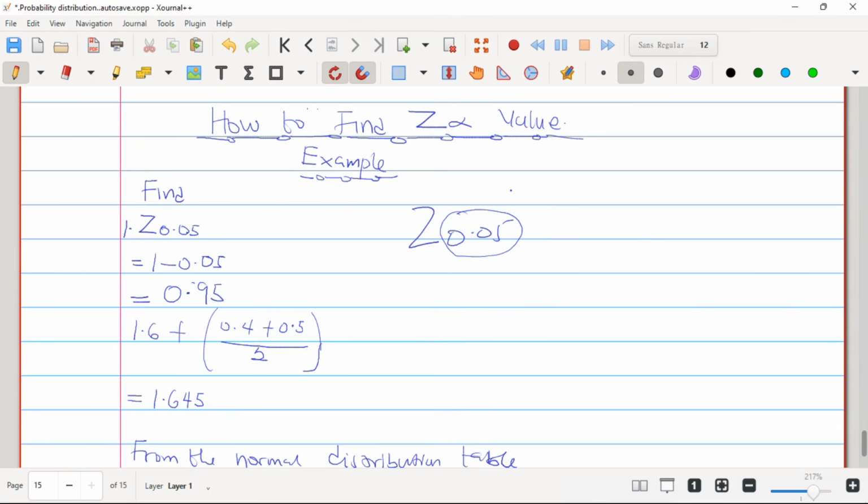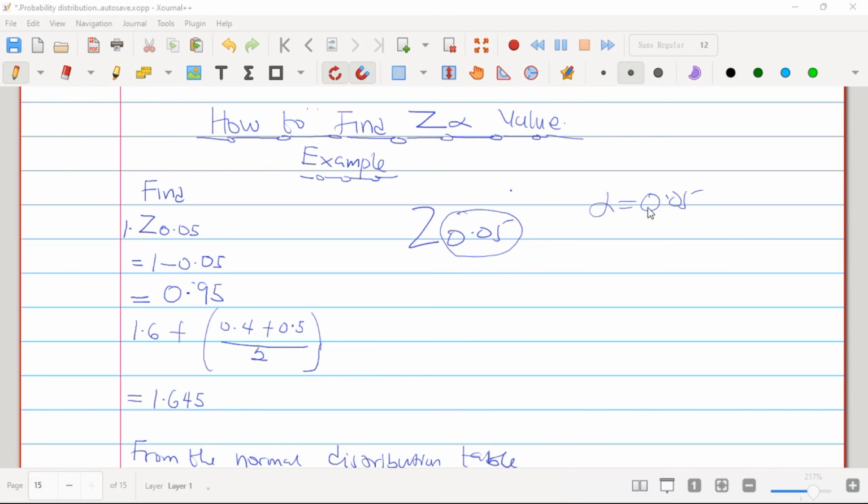Most of the time we just let our subscript represent alpha, which is 0.05, and this 0.05 is just telling us that the z that we want to find is on a negative table, right? Negative, and then you just have to subtract 1 from it to come to the positive section.